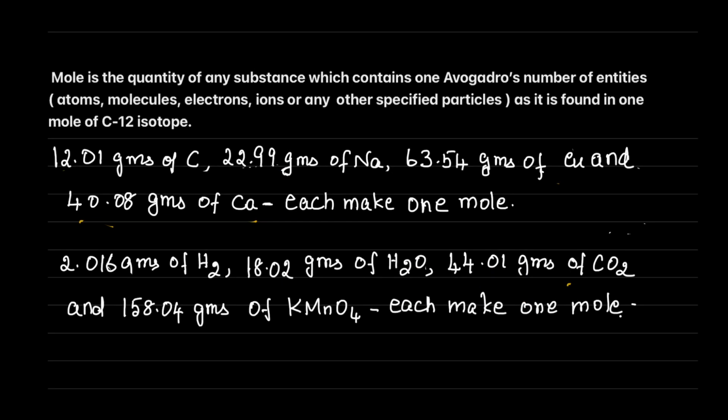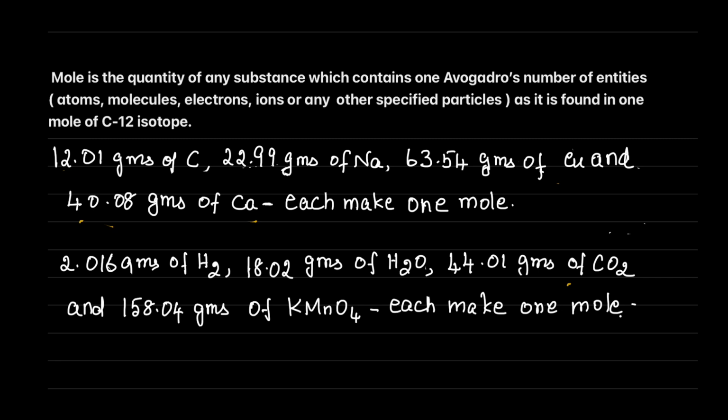What is 1 mole? It is the quantity of any substance which contains 1 Avogadro's number of entities as found in 1 mole of C12 isotope. Just now we have seen that 12 grams of C12 isotope makes 1 mole of that. The entities can be either atoms or molecules or ions or electrons.